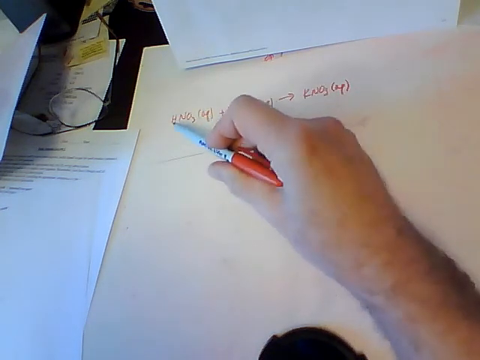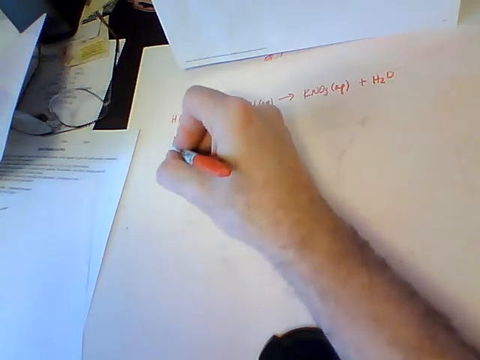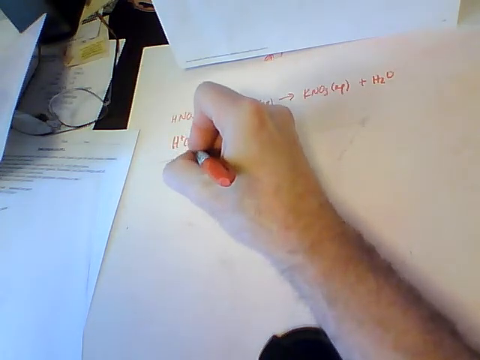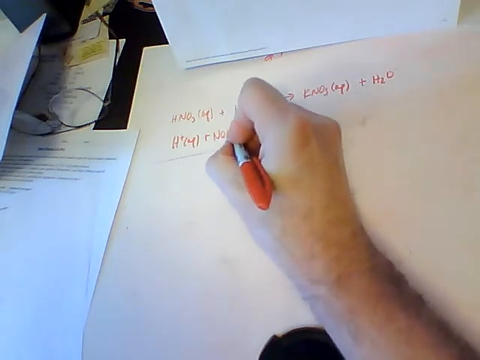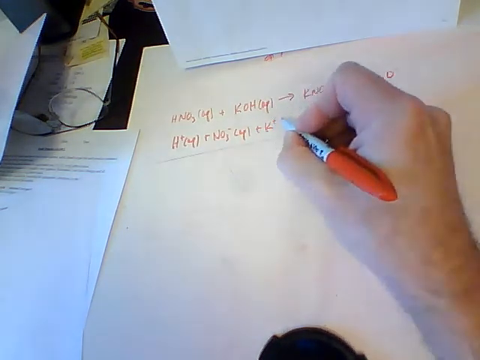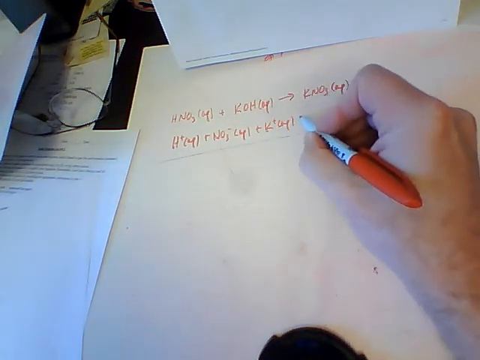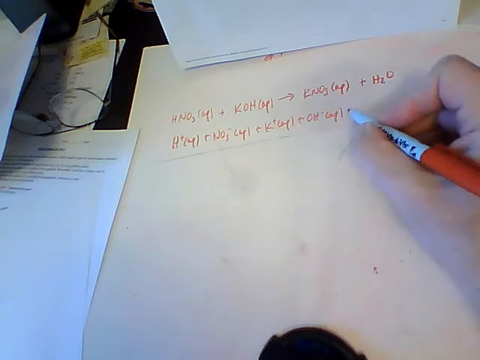And then proton from the acid, hydroxide from the base. About 5,000 times you've all seen that one now. Form water. Okay, so my ionic is a proton from the acid in solution, nitrate ion from the acid in solution, potassium ion from the base, and hydroxide ion from the base in solution.